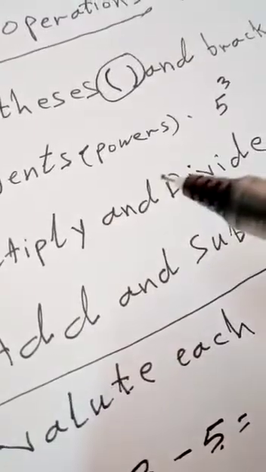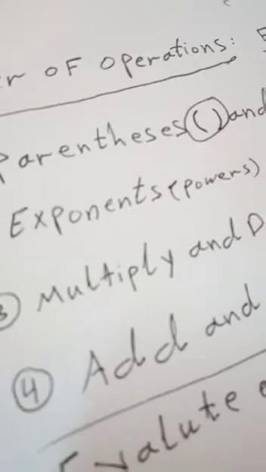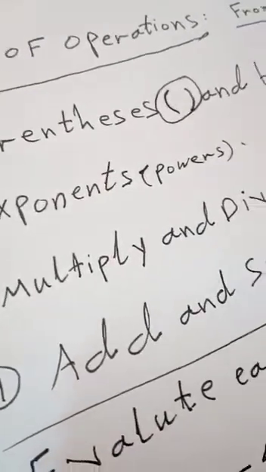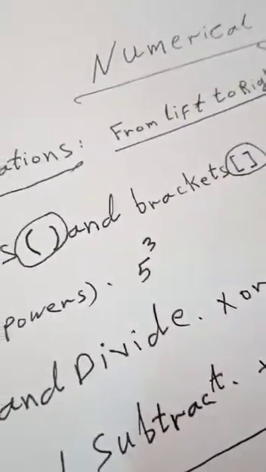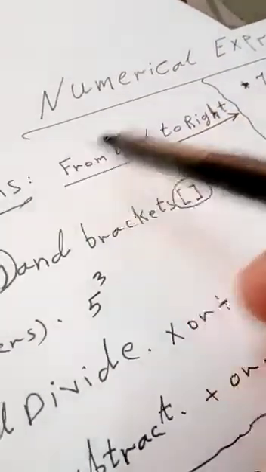Multiply and divide are the same value. Then add and subtract are the same value. And very important to know, the order of operations is always from left to right.